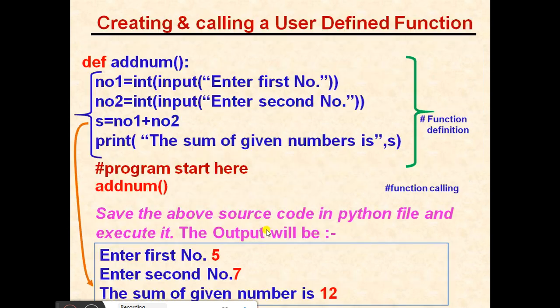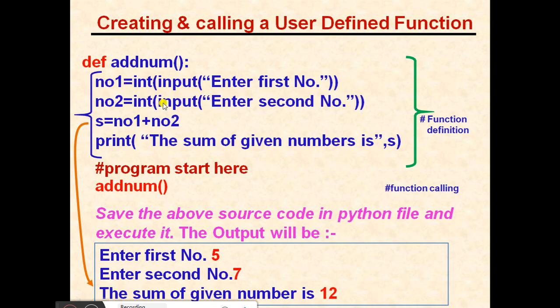Let's see an example. Here we are creating a function def add num. In this function we are inputting two values, num1 and num2. We are adding them and displaying the sum of those numbers. To do so, we define a function add num. We have given an instruction to get a number from the user. It is stored in num1.